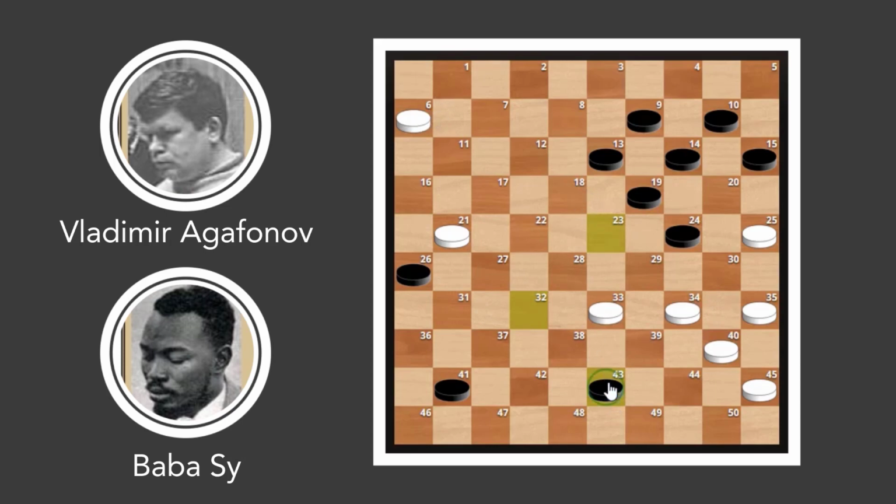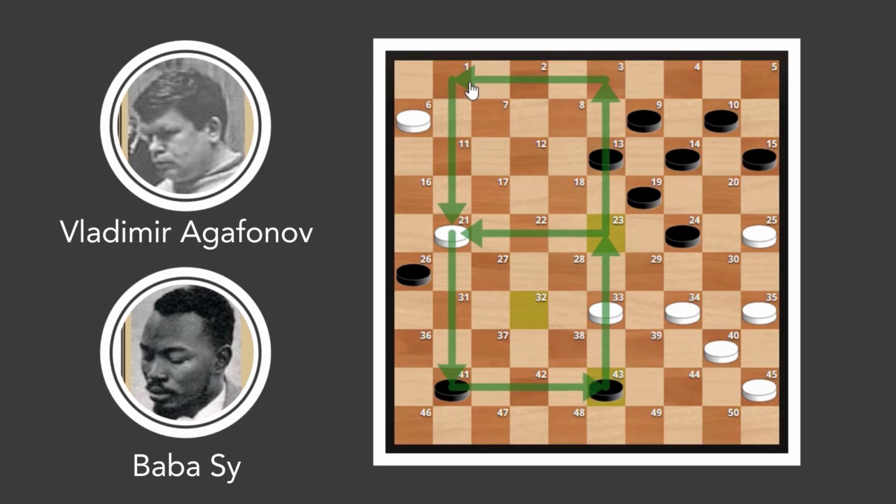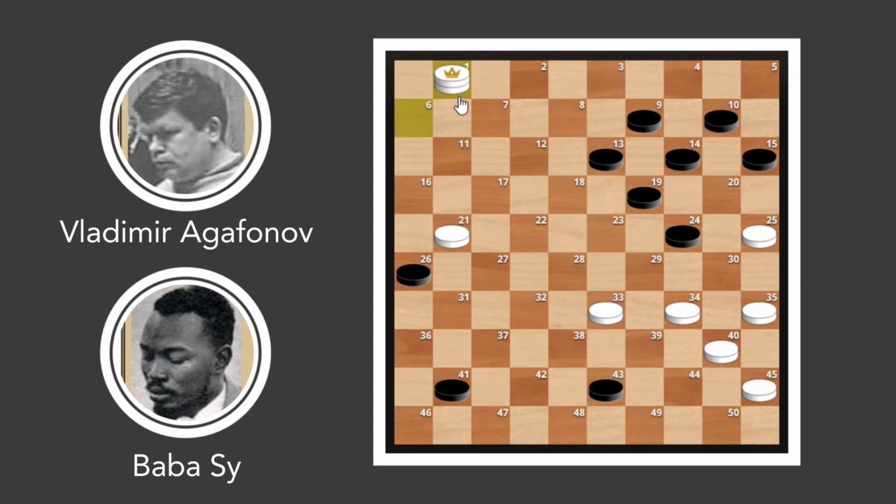Now again, if we draw the square, we see that Babasai can move to king at 1. So he played the move, and then Black has to take. So Black took the piece at 21. White played 25-20.